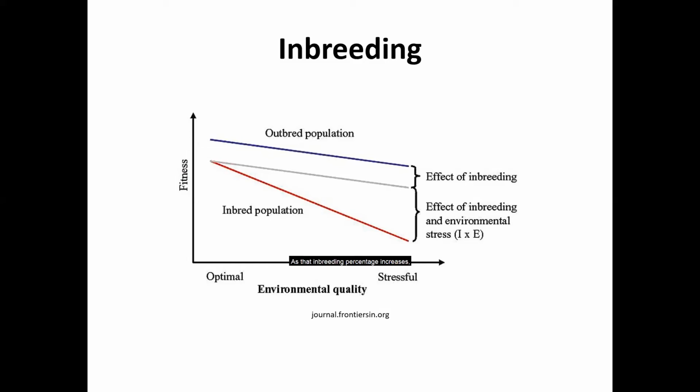In other words, they're the same, and they come from the same common ancestor on both sides of their pedigree. As that inbreeding percentage increases, the probability that those genes are identical by descent also increases. Now, there's a lot of myth and fact and fiction about inbreeding, and we can talk about this more in the Q&A.